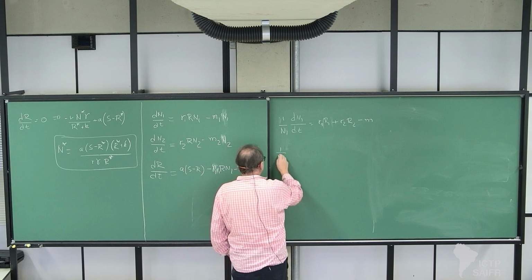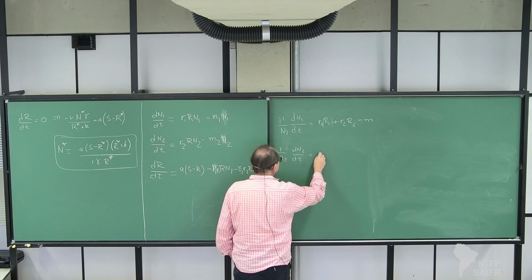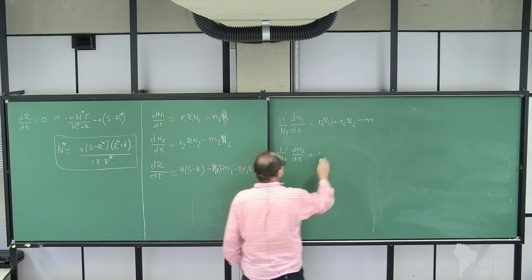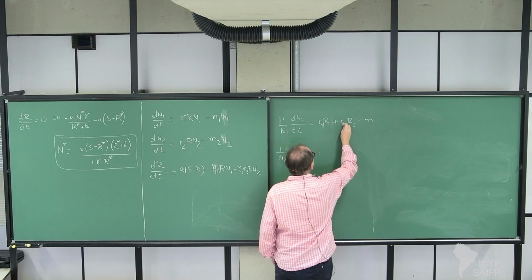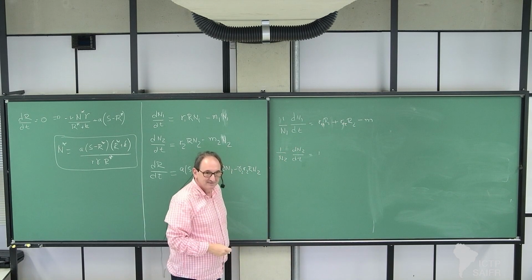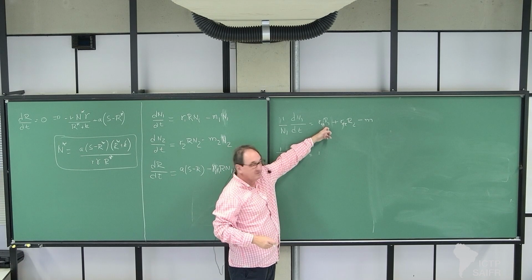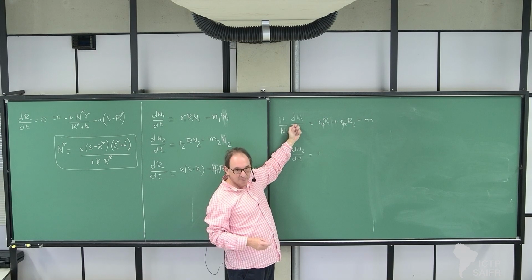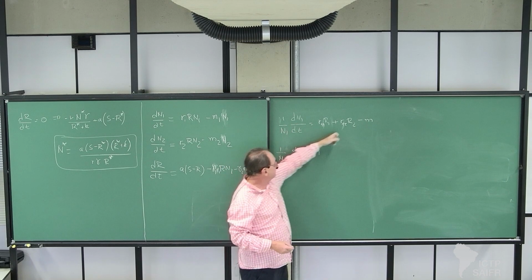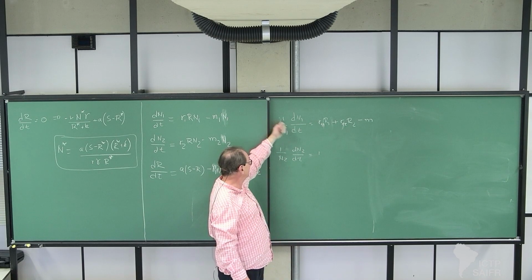1 over N2 dN2/dt equal to 0 has some, this is R1 1 and R1 2. That's the effect that consumer resource 1 has on the increase of population 1, and that's the effect of resource 2 on population 1.